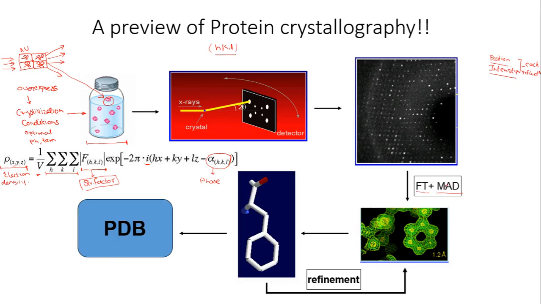It would be enough for you to understand that, in order to obtain the electron density map, it is necessary that you know the structure factor and the phase information. If you have these two in hand, you can generate the electron density for the given crystal, or the given set of atoms.